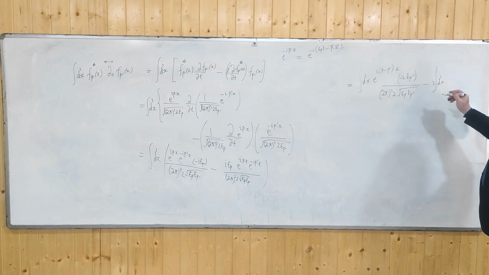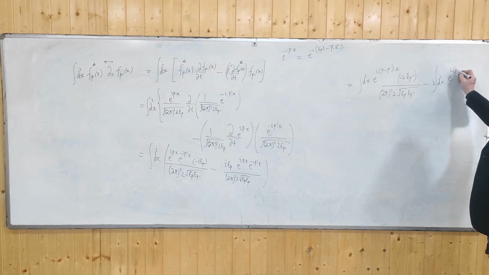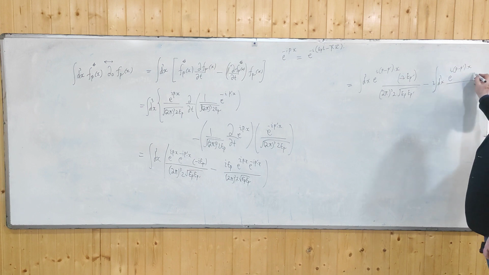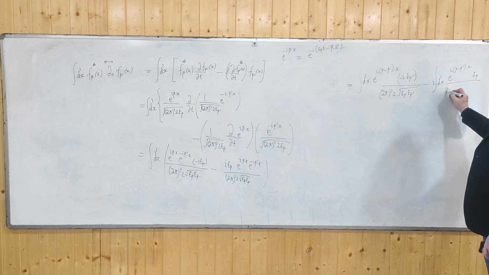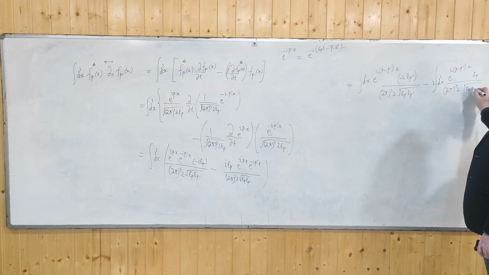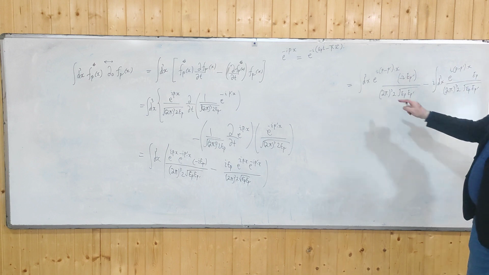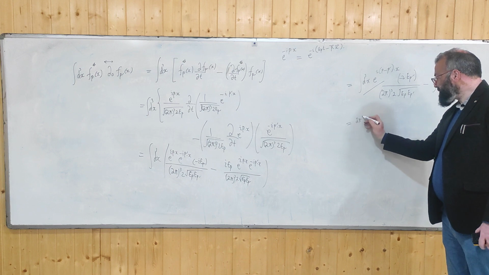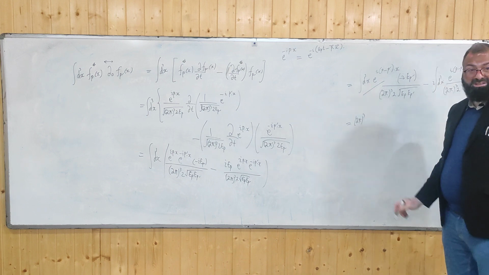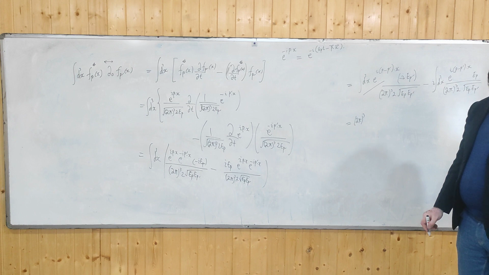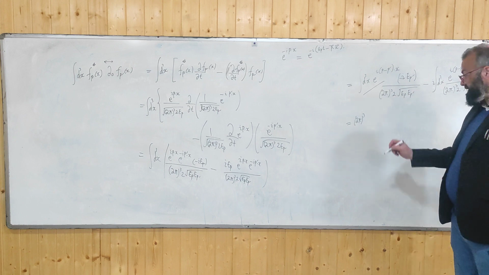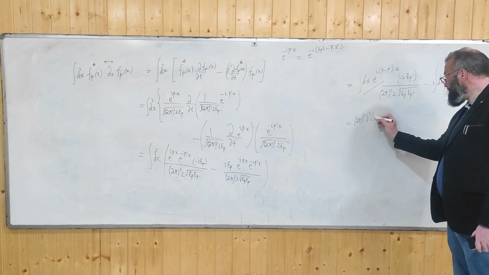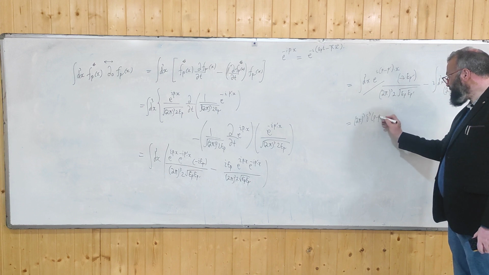Okay, then you are having i d3x e raised to i(p minus p prime)·x divided by Ep (2π)^3, twice root of EpEp prime. Now look at this very integral. So this is simply equal to (2π)^3, since it's a 3-dimensional integral, it's a representation of the 3-dimensional Dirac delta function. Clear? So it's simply delta 3 of p minus p prime.